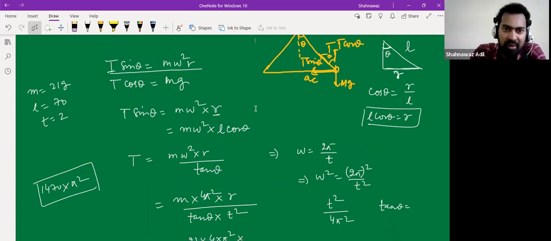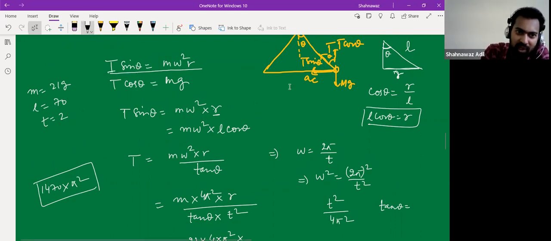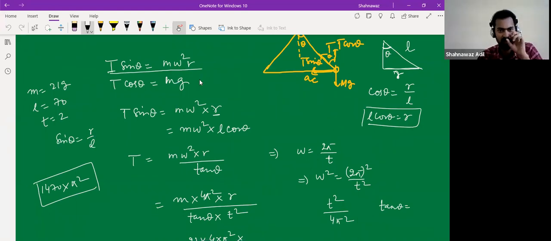And when you put the value of sine theta, sine theta is P by H, R by L. So from here, your R is getting cancelled, right?